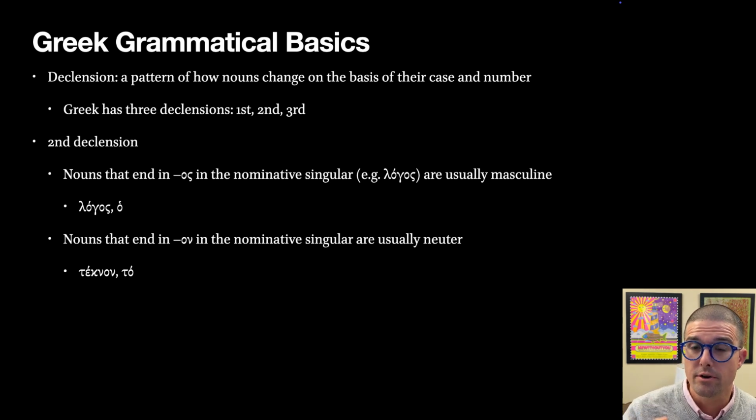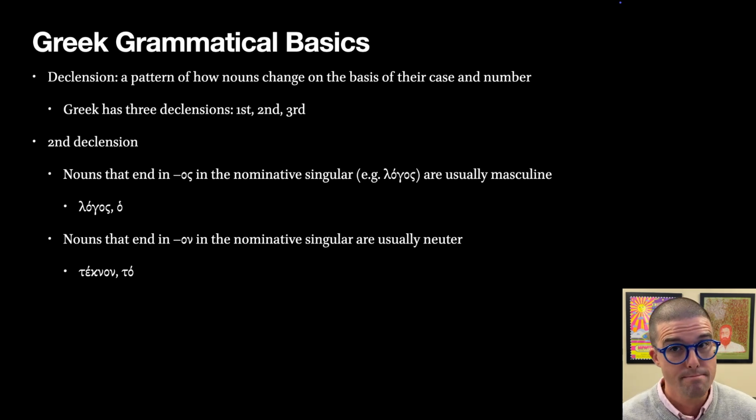The other main subgroup of the second declension are nouns that end in omicron nu in the nominative singular, and these are usually neuter in their gender. So nouns that end in omicron sigma are second declension and usually masculine. Nouns that end in omicron nu are usually neuter and usually in the second declension.